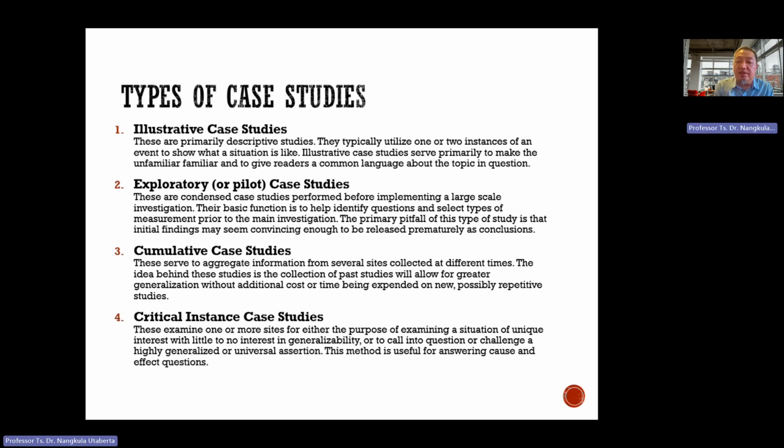The next type of case study they call exploratory or pilot case studies. You do a small sample before you go into a larger scale of investigation. For example, you would like to know what Gen Z's opinion on urban farming is.